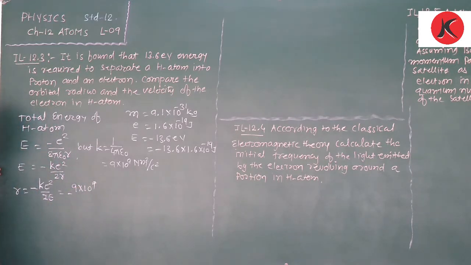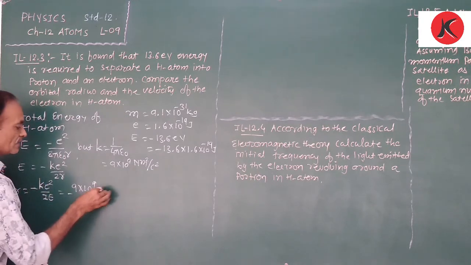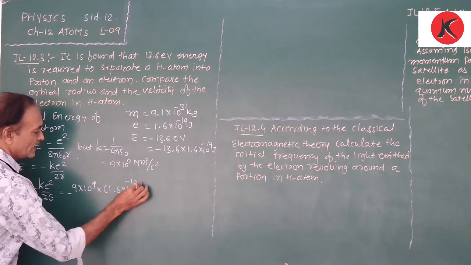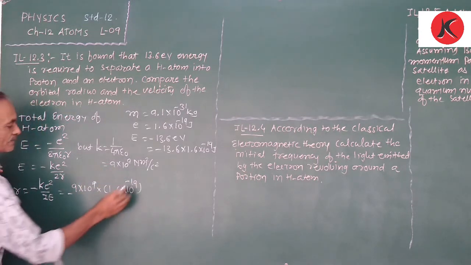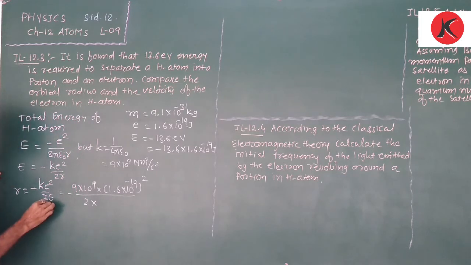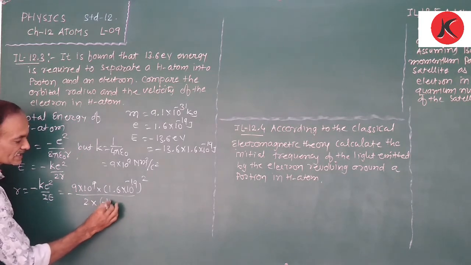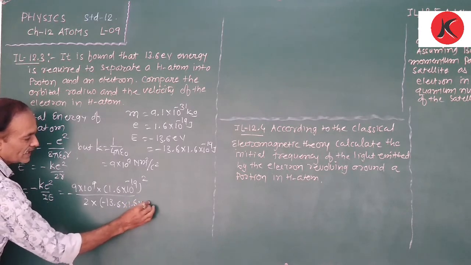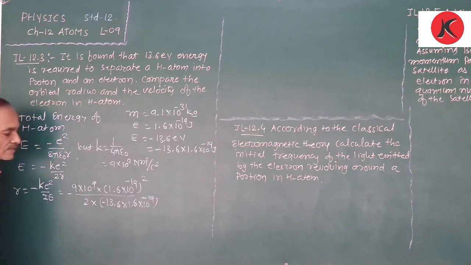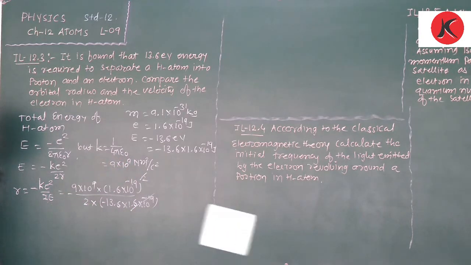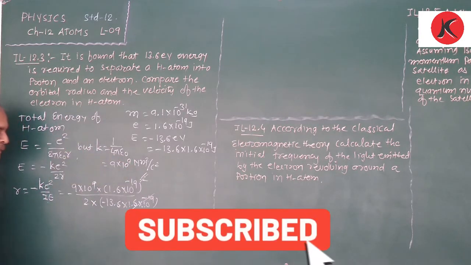We substitute the value of K, 9 into 10 raised to 9, the charge of an electron 1.6 into 10 raised to minus 19 whole square, upon 2 into the total energy, that is minus 13.6 into 1.6 into 10 raised to minus 19. So 1.6 into 10 raised to minus 19 cancels with one of these.